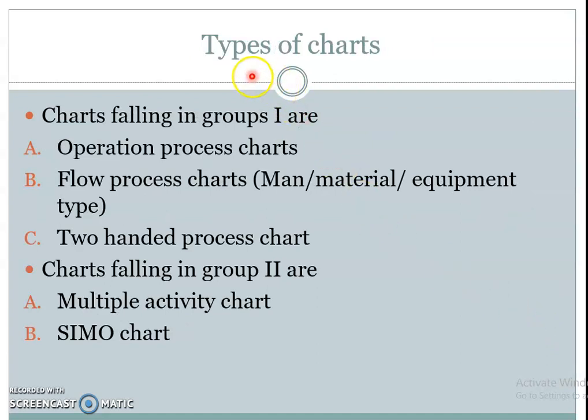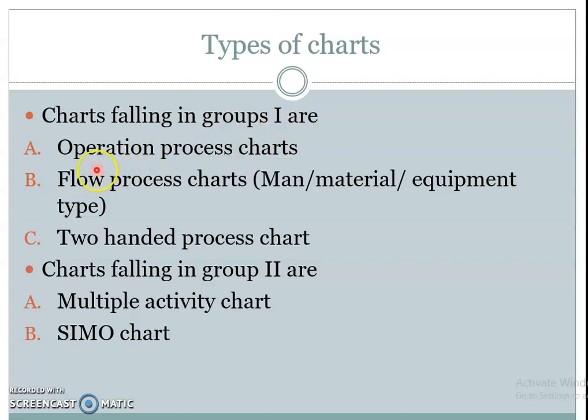So what are the types of charts? According to the sequence of process and time scale, these fall into these categories. The first three types, A, B, C, are on the basis of the group 1 category, that is, the sequence of operations with no time scale.